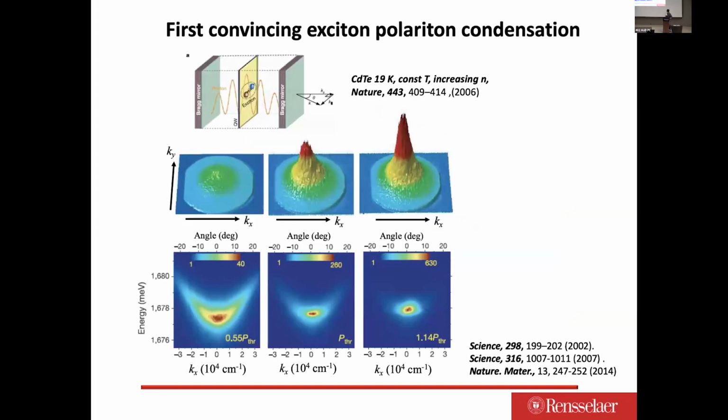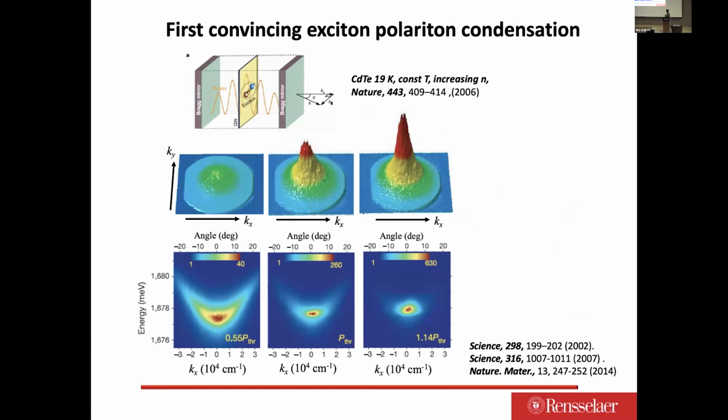Indeed, with this exciting concept, the first convincing exciton polariton condensate happened in this Nature paper back in 2006. They had a cadmium telluride quantum well where they kept the system at a constant temperature and increased the particle density by pumping the system harder and harder.